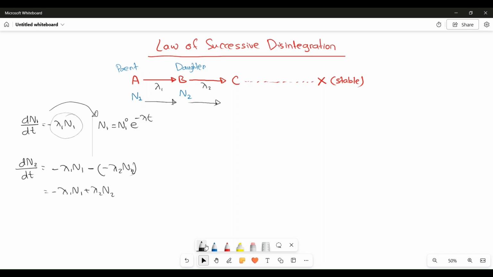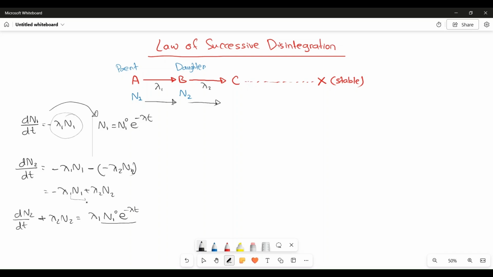So from here we can write dn2 by dt plus lambda 2 n2 equals lambda 1 n1, and we can write this n1 in the form of n1 naught e to the power minus lambda 1 t.